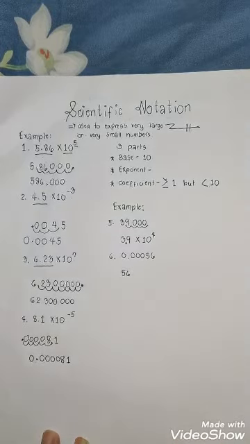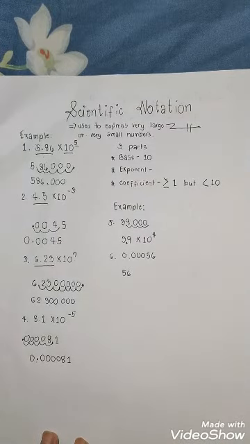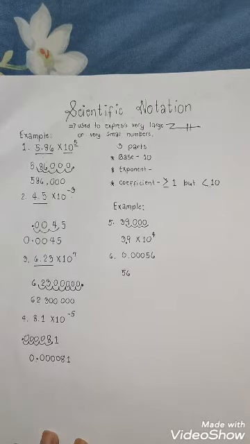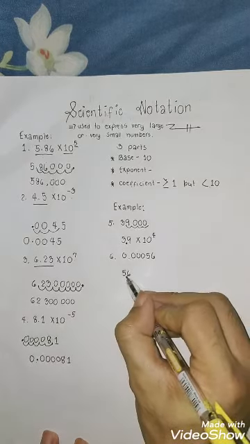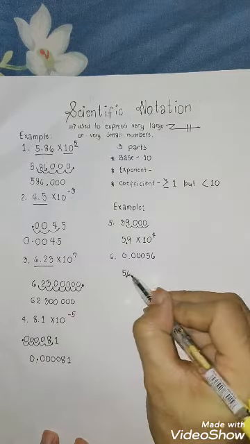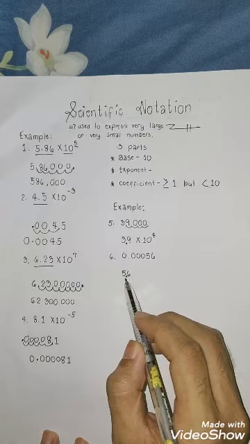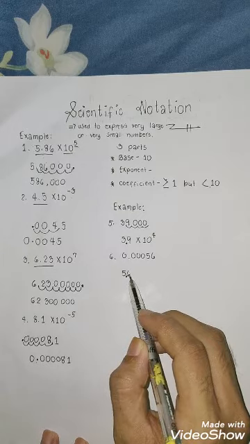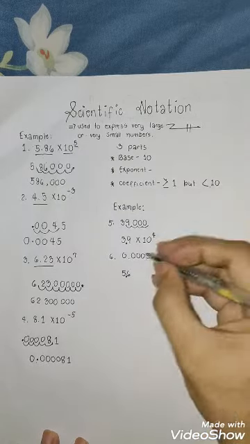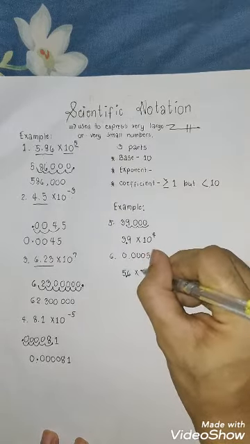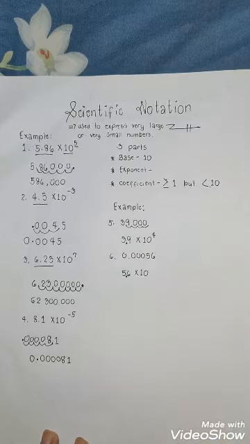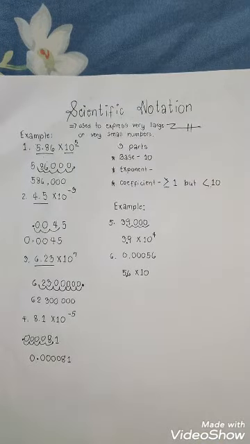So, para gawing coefficient, ang sabi kanina, kailangan mas malaki sa 1, pero mas maliit sa 10. Ang 56 ba ay mas maliit sa 10? Hindi. So, lagay ulit tayo ng point sa pagitan nila. Sa pagitan nila, rather. So, mangyayari, 5.6. Tama. Next, times 10. Ano ngayon ang exponent?